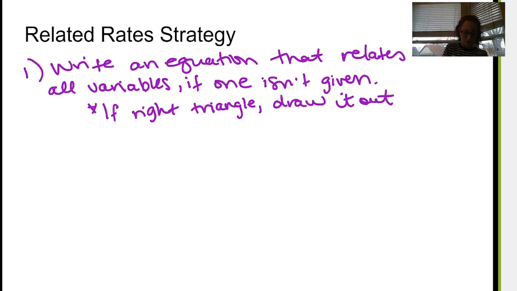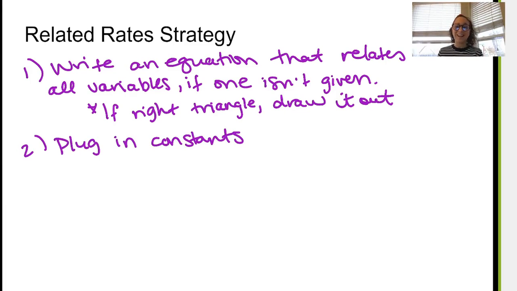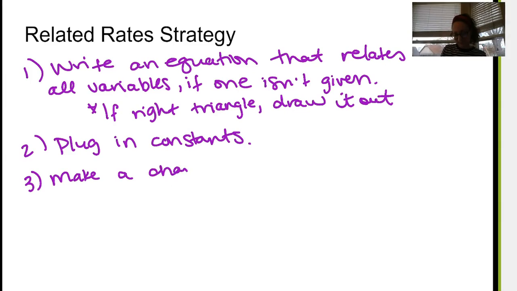Now for step 2, we're going to plug in any constant values. And now we're going to be back to what we were doing in the previous lesson. We're going to make a chart for the remaining variables.